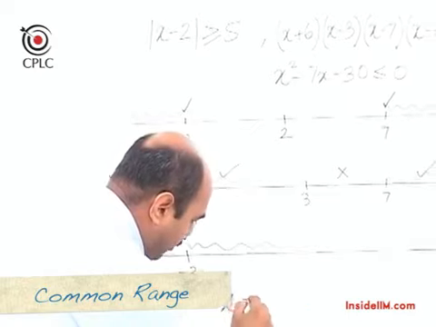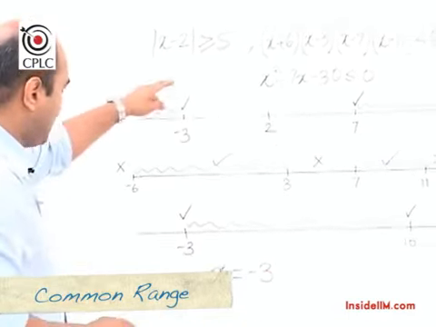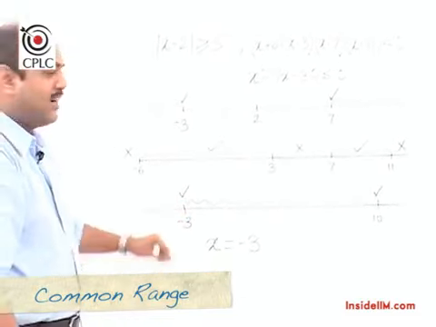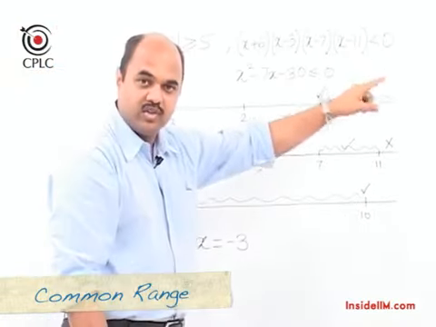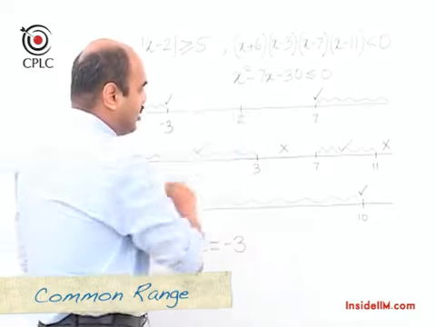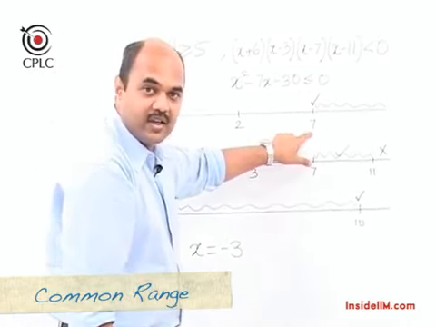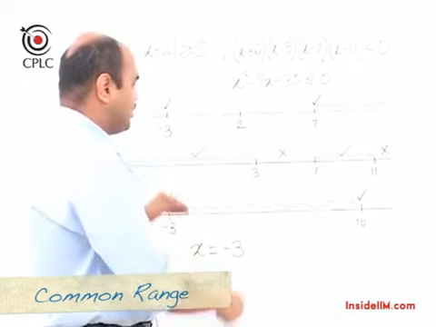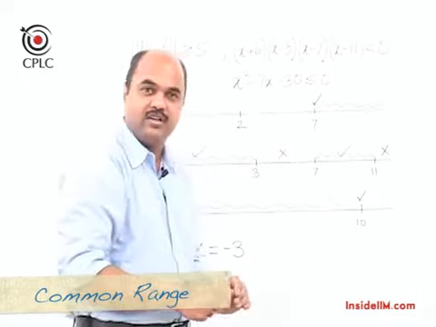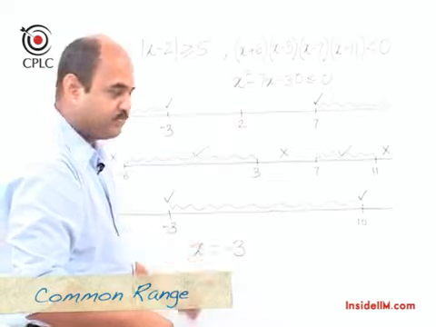So one common point that we have through these three graphs is x equal to -3, and when x is equal to -3, it satisfies all three inequations. If I move beyond the point -3 now, my first graph straight away goes to greater than or equal to 7. Hence the other two graphs up to the point 7 become irrelevant because you wouldn't have a common range for all three graphs here.